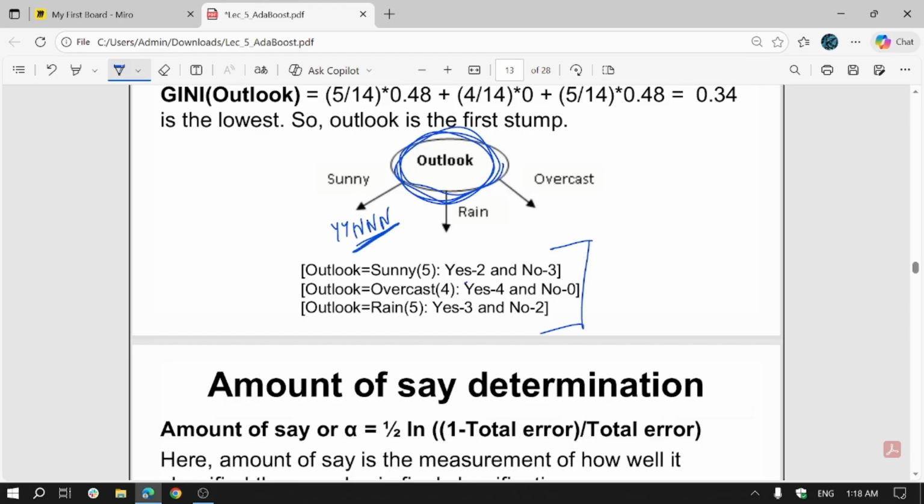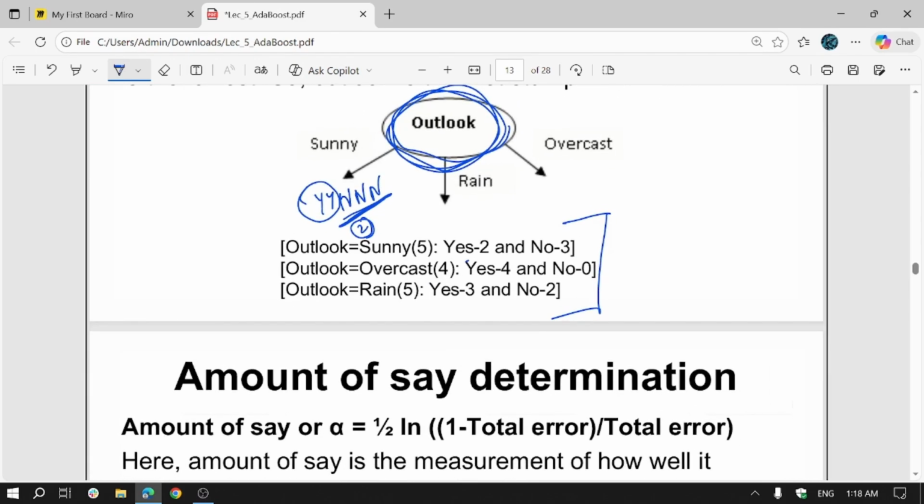So the misclassified data is 2. Then do the same for rain. Here there are 3 yes and 2 no. So the majority answer is yes, the expected result is yes, but there are 2 no. So the misclassified data is 2.